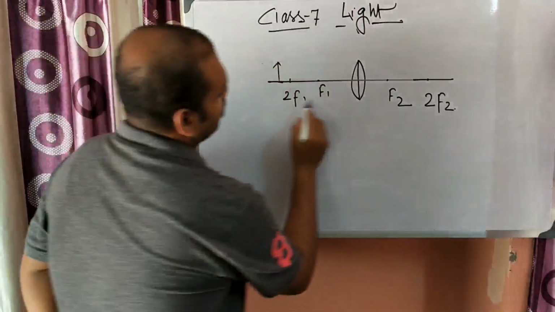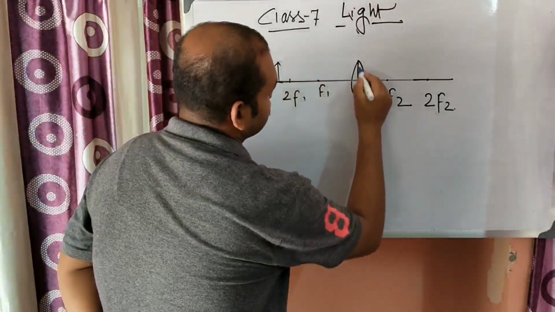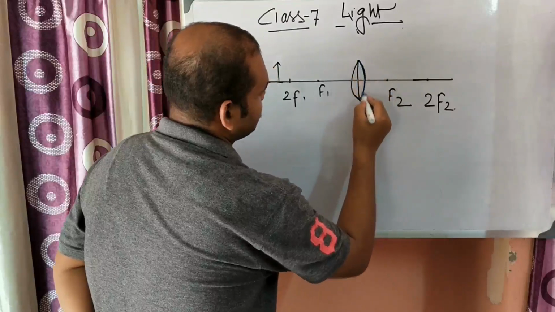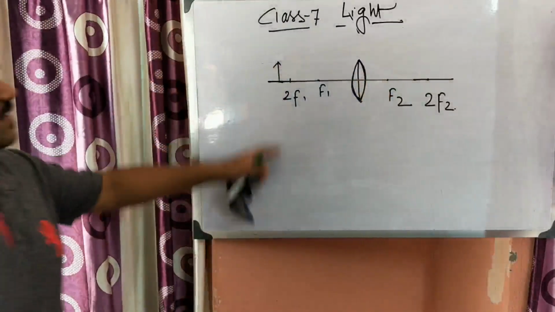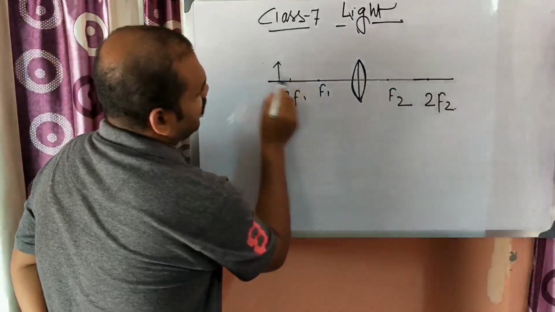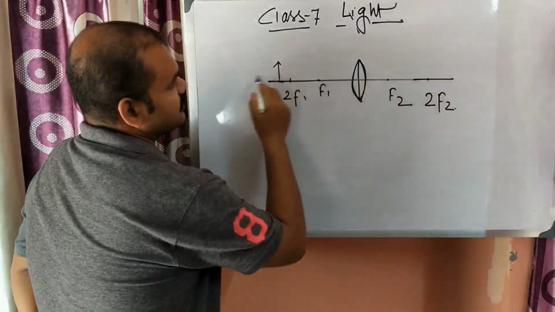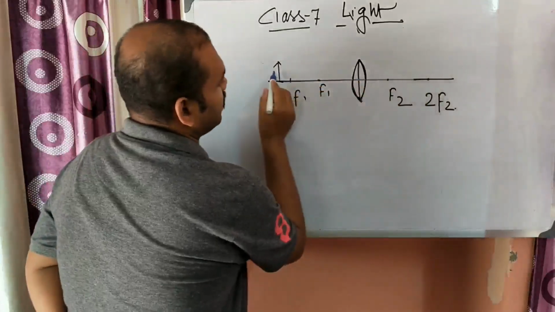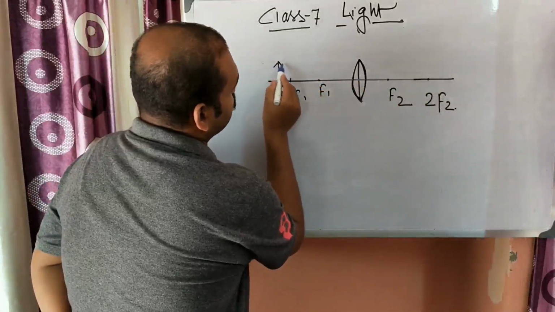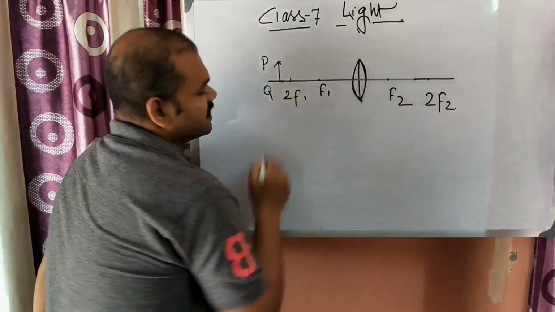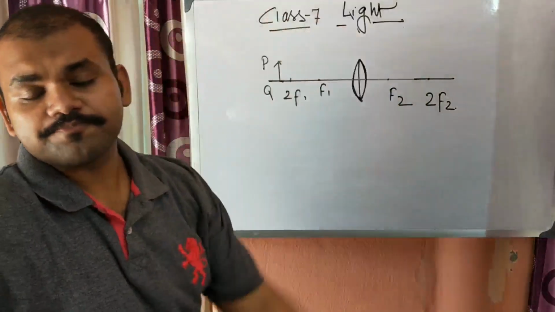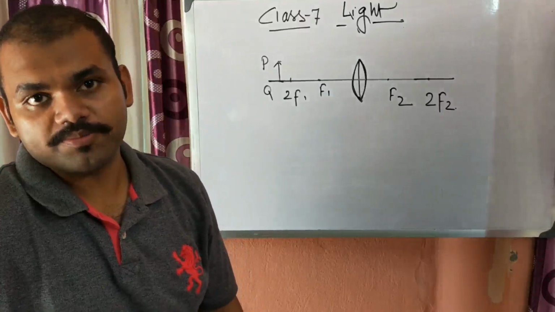Okay, so a ray which is passing through the focus, what happens in case of that? Suppose a ray is passing parallelly. At first, suppose this is P, this is Q. So P and Q is the object.